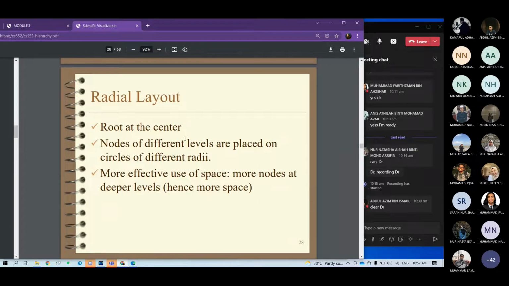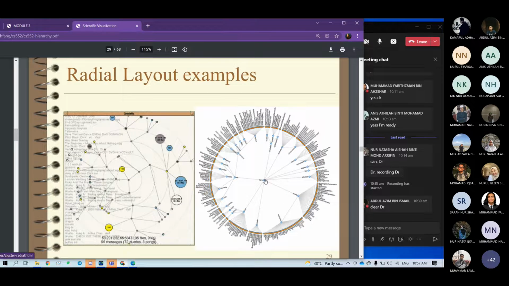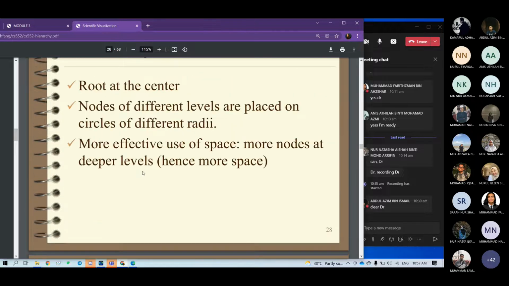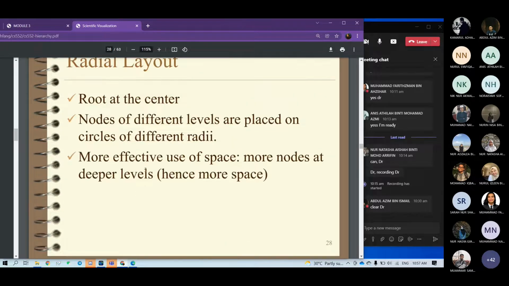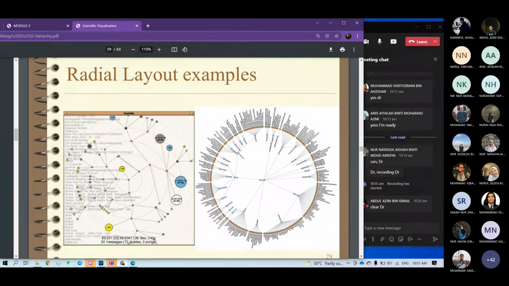Root at the center, this is radial. Look at this. Root at the center here. Nodes of different levels are placed on circles of different radii, a more effective use of space because they are circular.